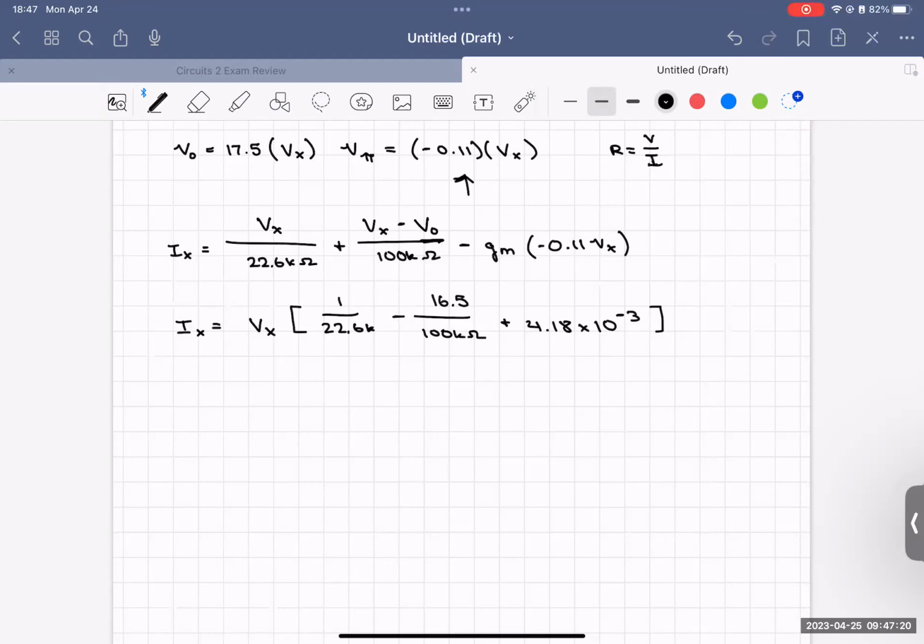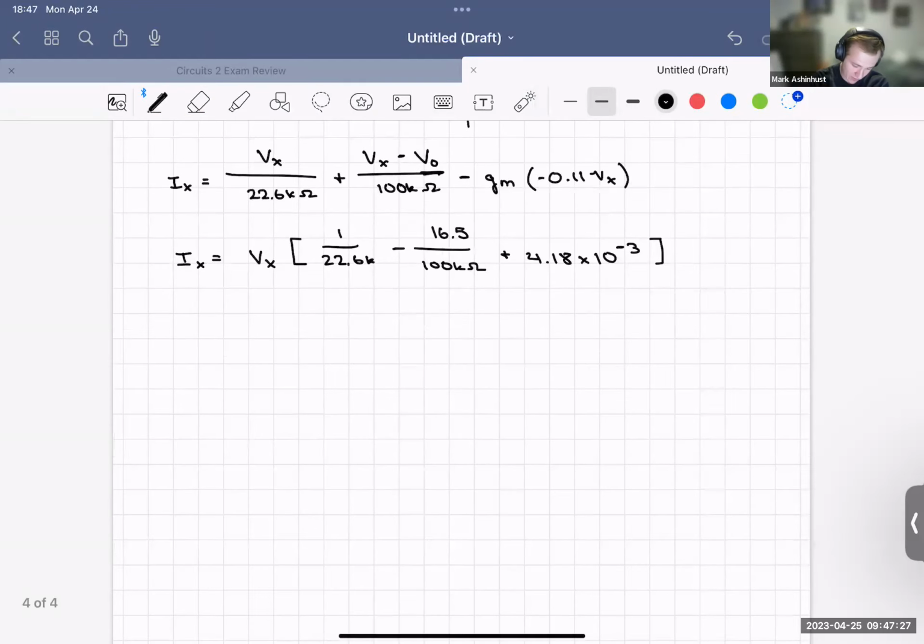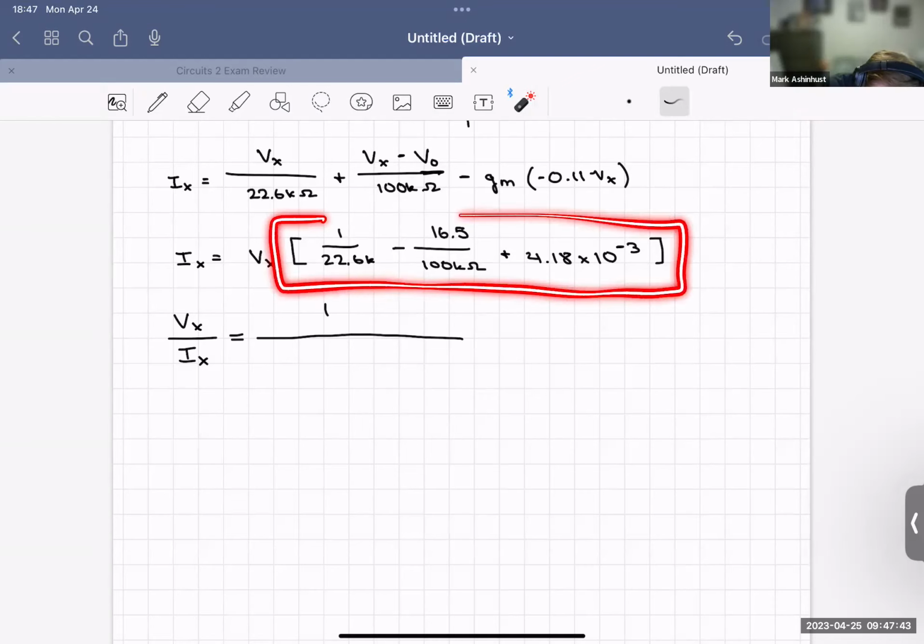All right, gotcha. And then continuing on from there, we have the Ix, Vx. We want Vx on the top, so we're going to have Vx over Ix equals 1 over this whole thing.